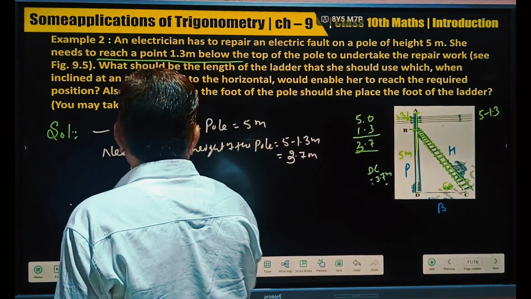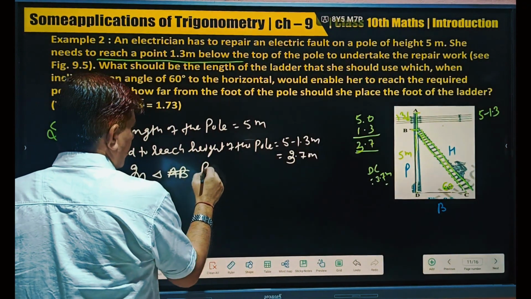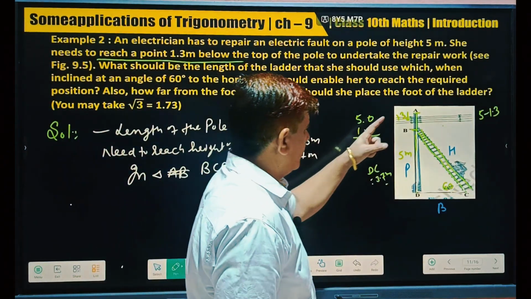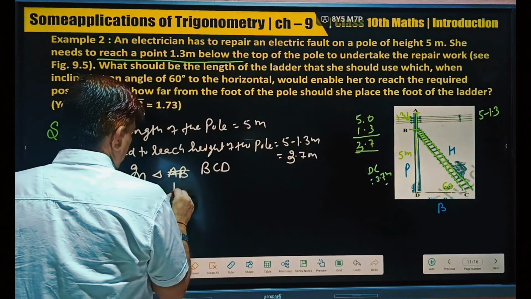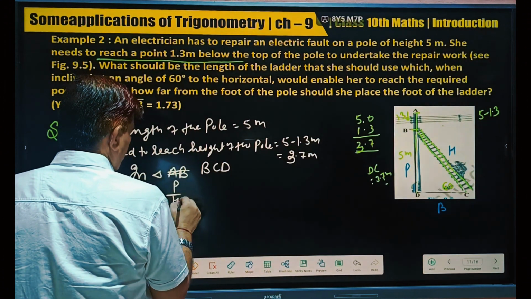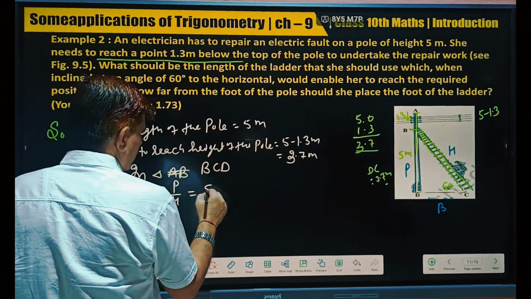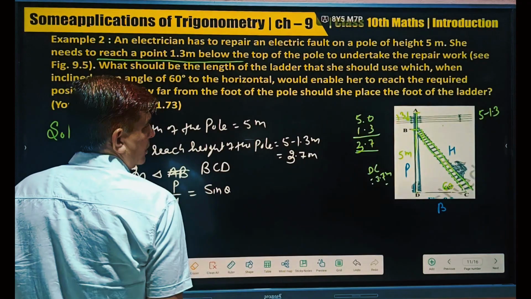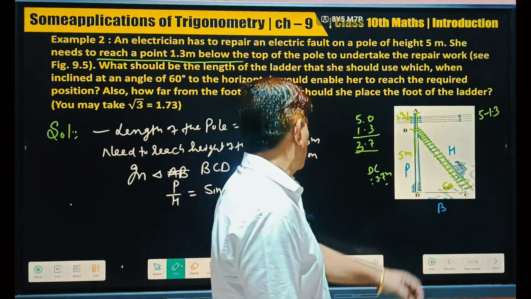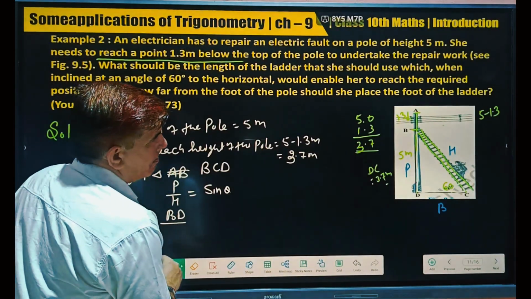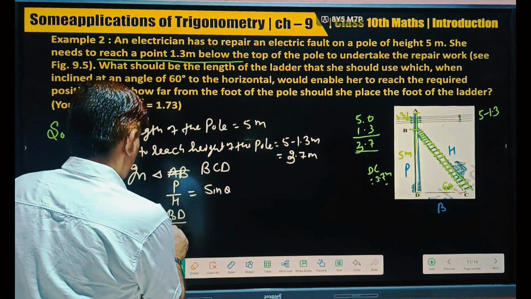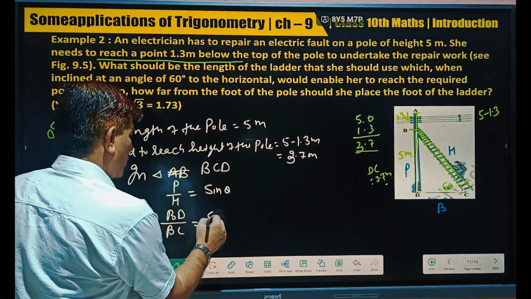So we can write directly in triangle BCD, perpendicular by hypotenuse is equal to sine theta. So what's perpendicular here? This BD by BC is equal to sine 60 degree.